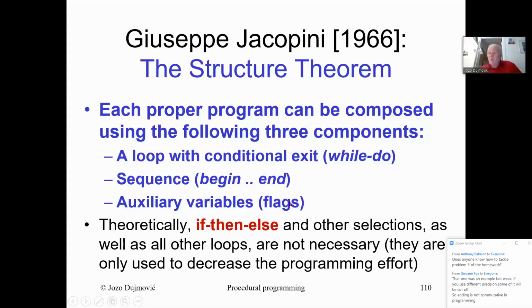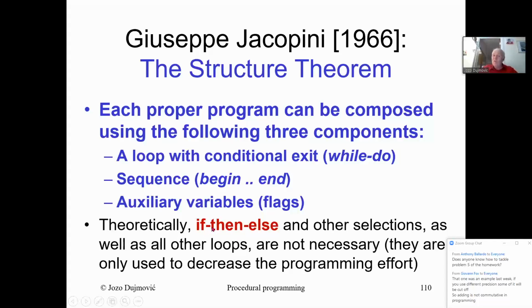This has profound ethical consequences because it tells you that whole software can be developed using only while loop and nothing more. You have while loop, you can develop any program that you want to develop. Of course, you have to have the possibility to define variables and to have a sequence.